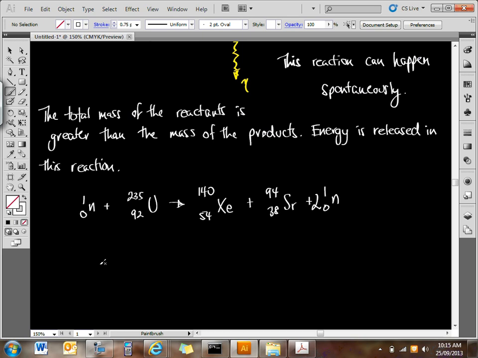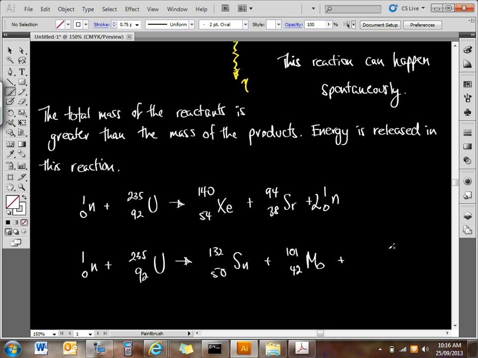Here's another example, just so you know that it doesn't necessarily happen like that. But it is induced fission again. Uranium-235, 92. Here we have tin, 132, 50. It's called tin. Thank you. 101 and 42 molybdenum. Is that right?